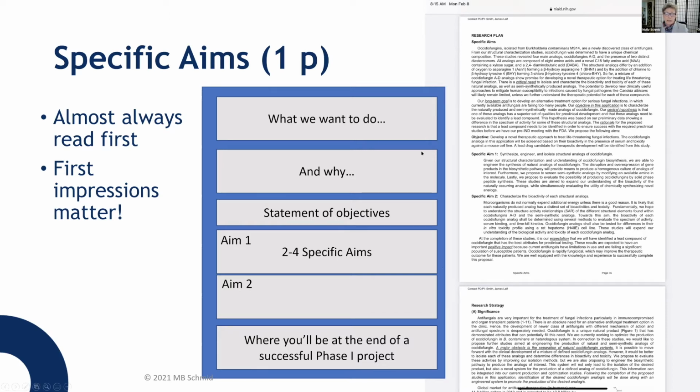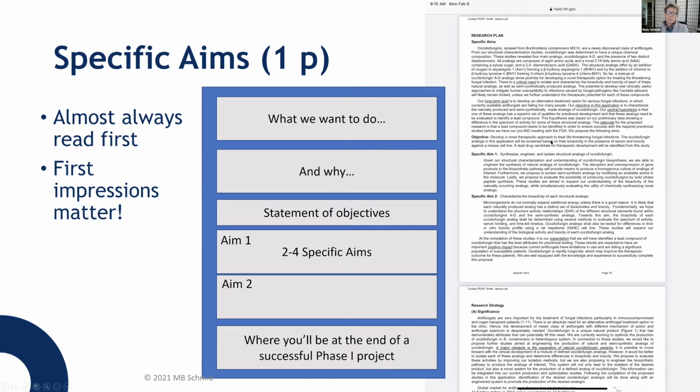So it's 1 page, and in the blue part in the middle, I've outlined a typical map of the specific aims page. You take about 1/3 of the page to say what you want to do and why. And you can see over here, the actual proposal.